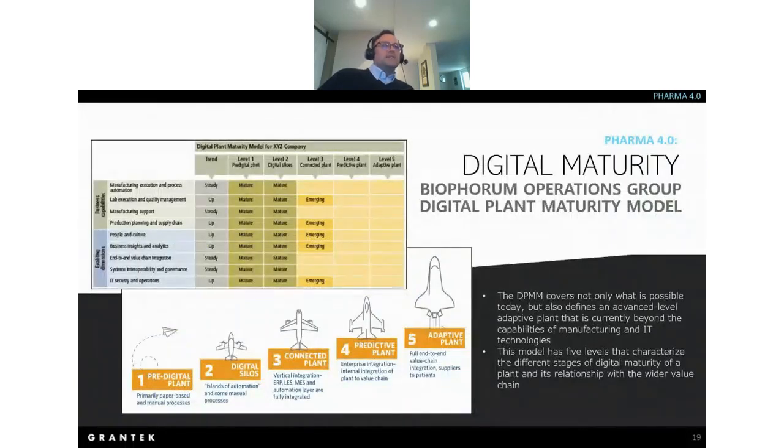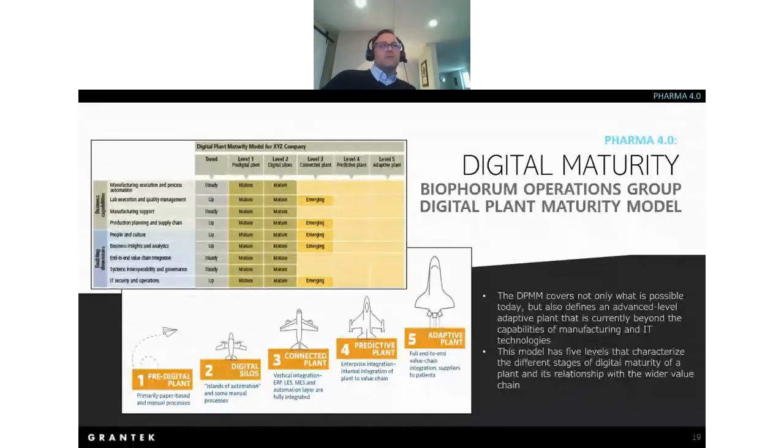As opposed to the ACATECH study, which is industry agnostic, the Digital Plant Maturity Model, or DPMM, was created by a collection of biopharmaceutical manufacturing organizations, the Bioforum Operating Group, to provide a common framework to be used across the biopharma manufacturing industry.